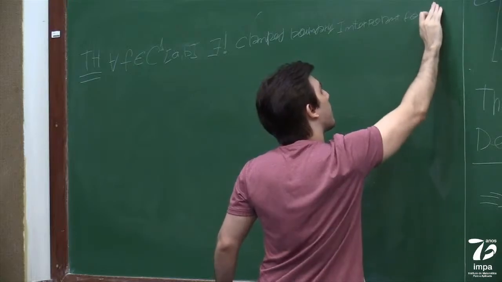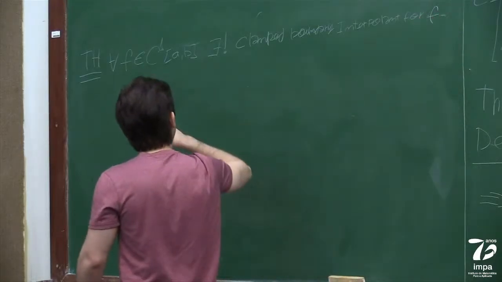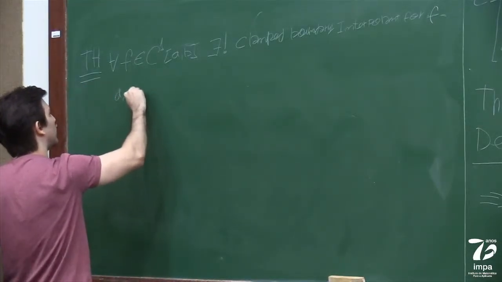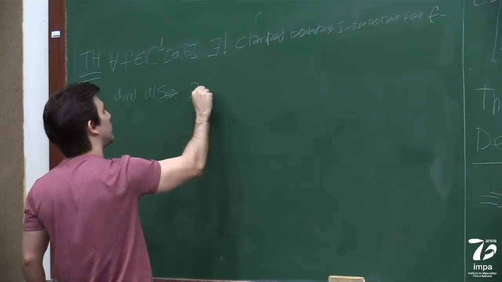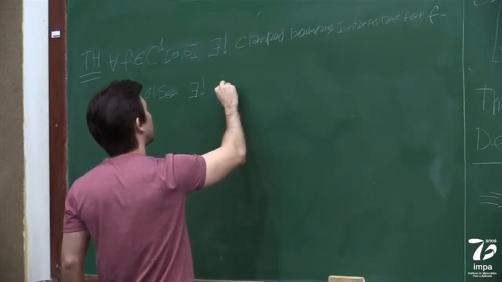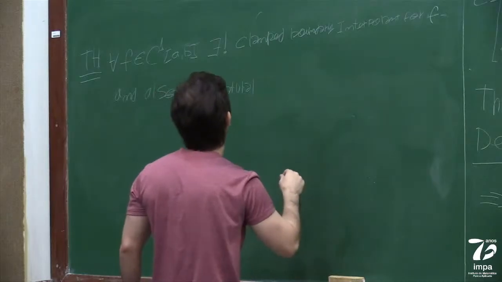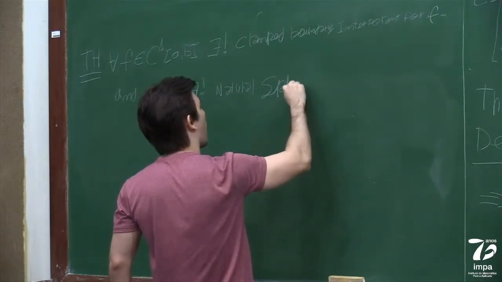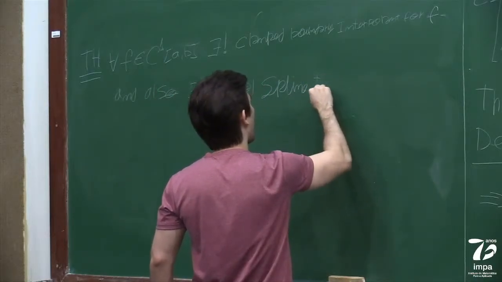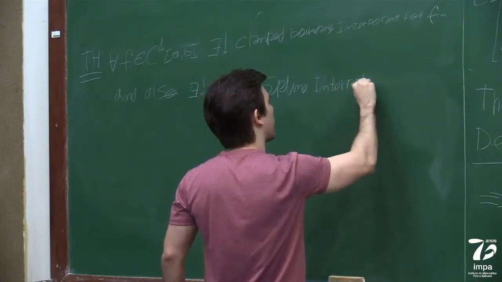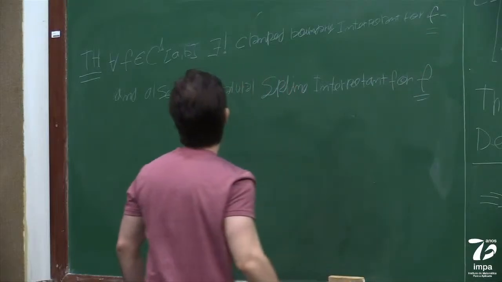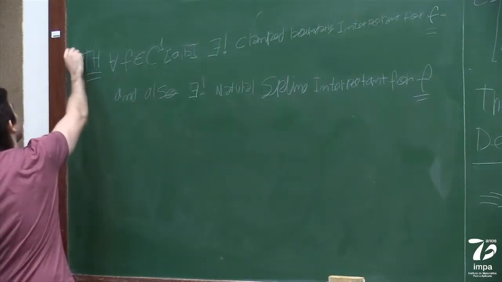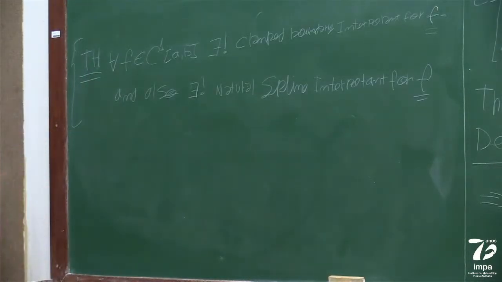Our capital F. And also there exists a unique natural spline interpolant for F. Okay, so is it clear?